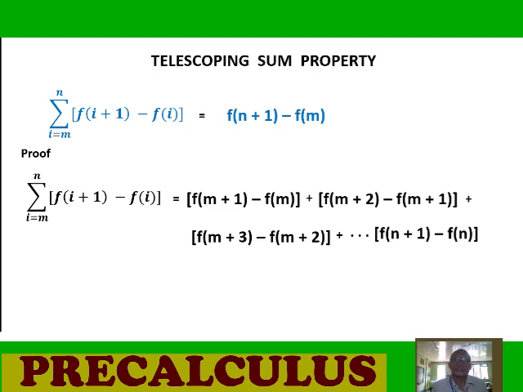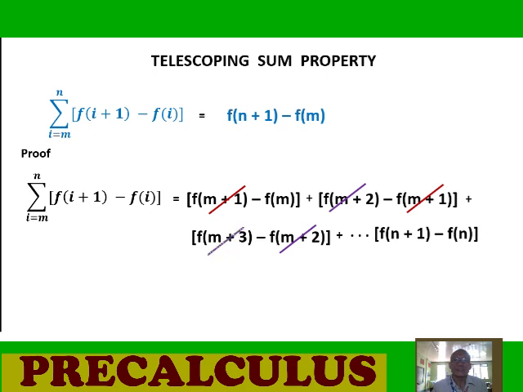Okay. There are terms that can be cancelled because they are opposite in sign. F of m plus 1 is cancelled. Another term to be cancelled, f of m plus 2. Take note that the second term inside the quantity is the one that is being cancelled.